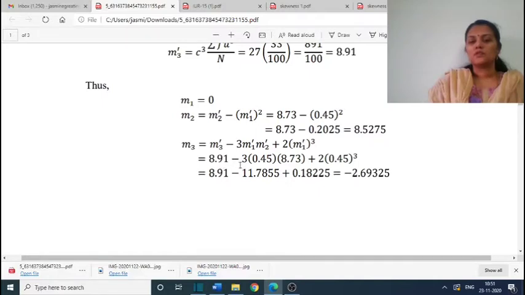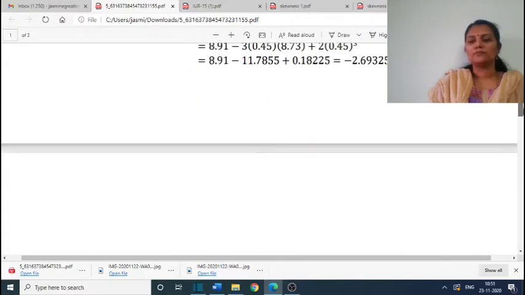So we substitute the value of m3 dash, which is equal to 8.91, minus 3 into m1 dash 0.45 into m2 dash 8.73 plus 2 into 0.45 all cube, which is equal to 8.91 minus 11.7855 plus 0.18225, which is equal to minus 2.69325.